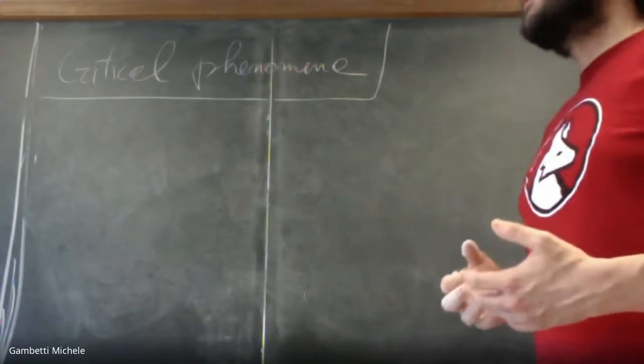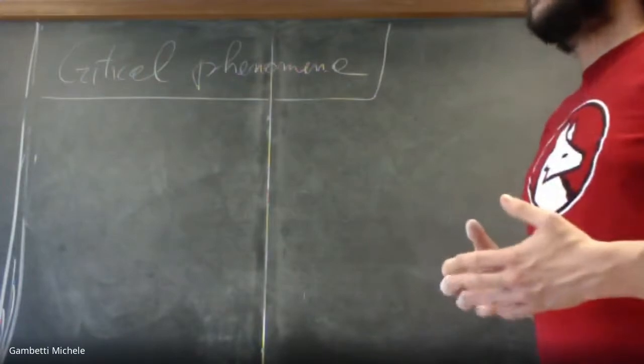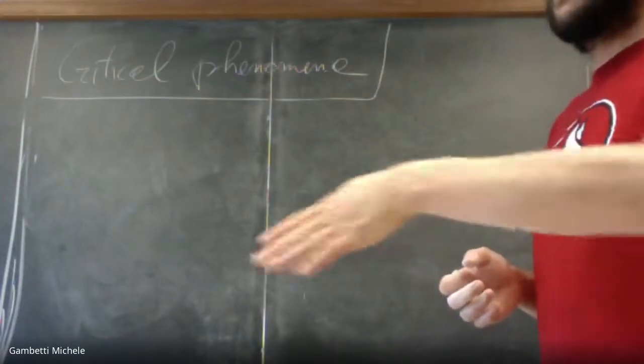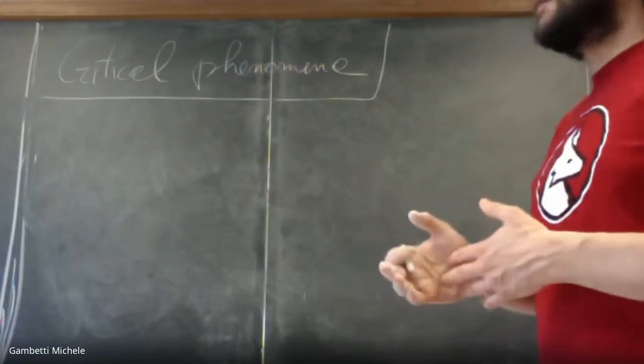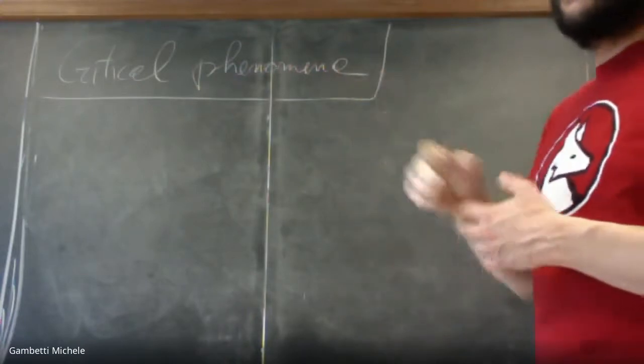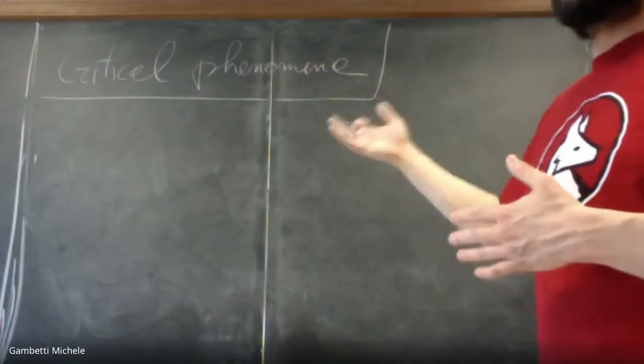So there is a thing called universality that tells you that a certain class of models behave exactly the same way when you are close to the critical point, which is the point of critical temperature.